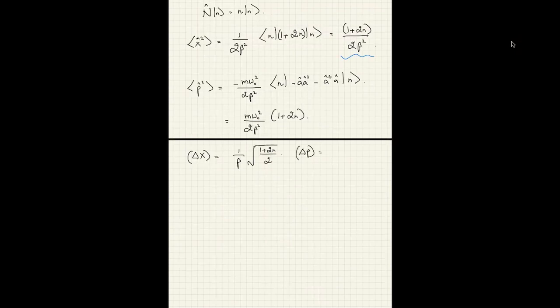And delta p is equal to 1 over beta times, I can also pull out m omega 0, square root of 1 plus 2n over 2. Okay. And if I take the product of these two uncertainties in any general state n, delta x, delta p is given by 1 over beta square times 1 plus 2n divided by 2 times, what do I get?